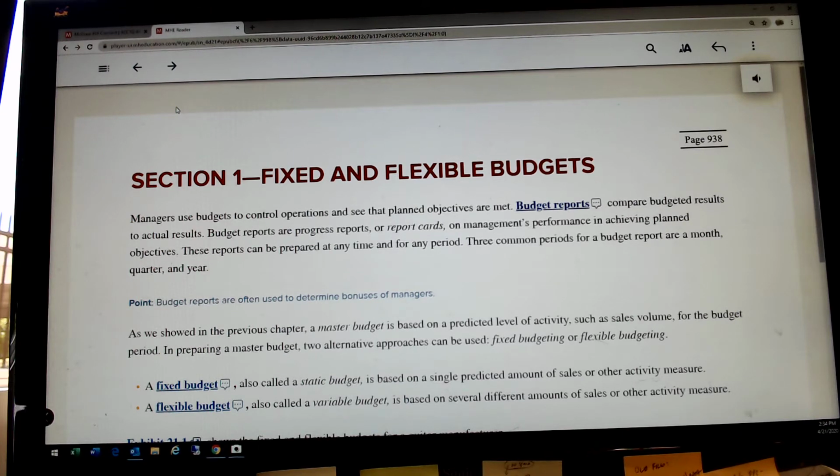A budget is a good tool for control purposes as well. And once the managers or owners of the companies determine if there is a variance in the budget, they give that feedback to the people who are in control of it so that they know whether corrective action needs to be taken or not.